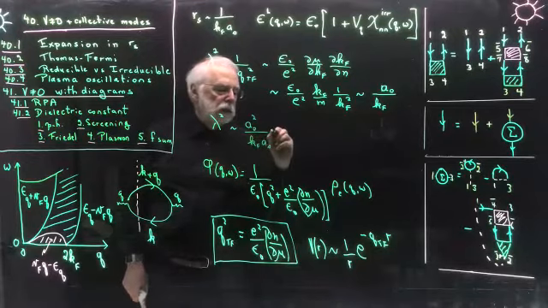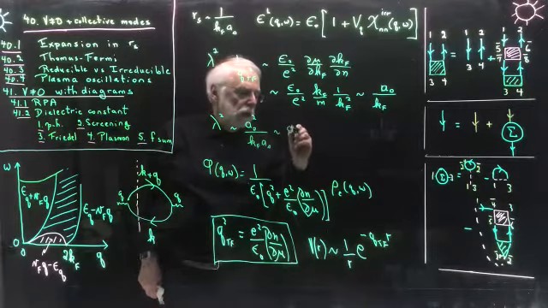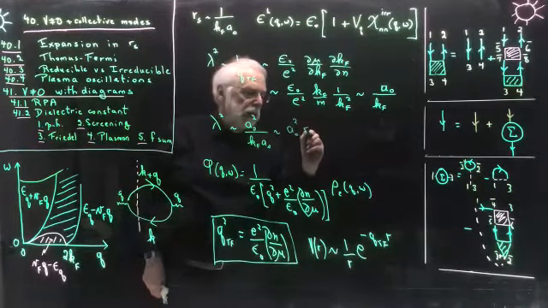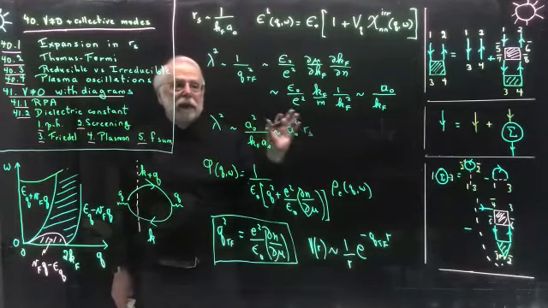In other words, it goes like a_0 squared times r_s. And a_0 times r_s, we said, is the distance between atoms.